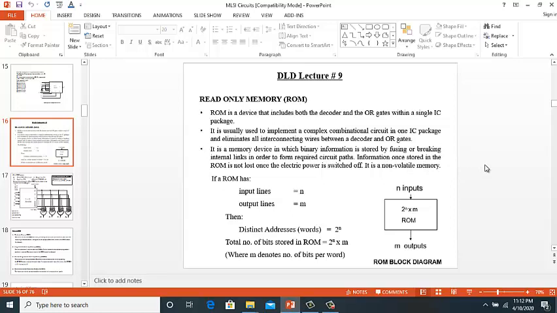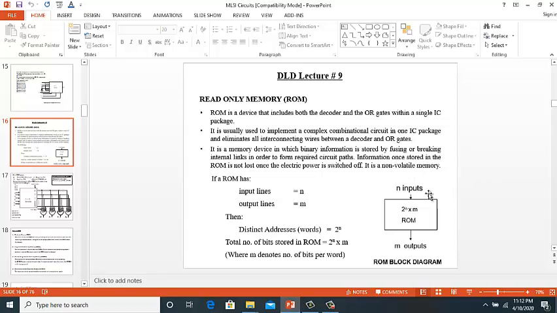The information doesn't go away if you switch off your computer. If you switch on your computer again, the information stored in a ROM would stay there and would not be lost. So it's a kind of memory which is known as non-volatile memory or permanent memory.